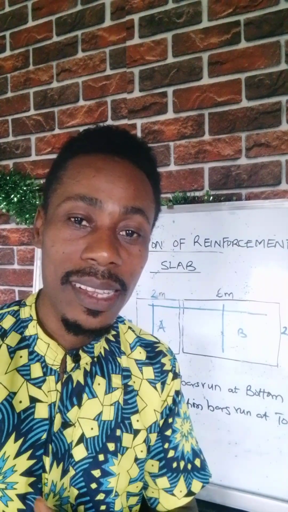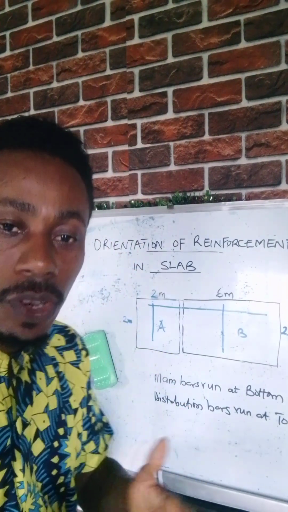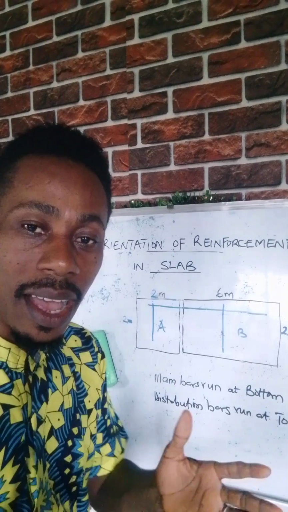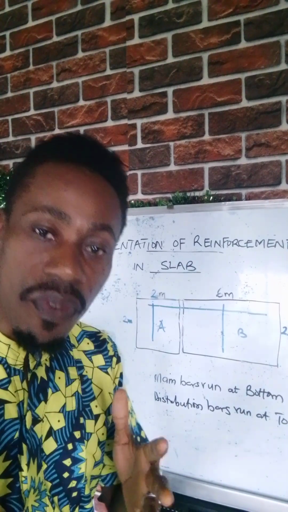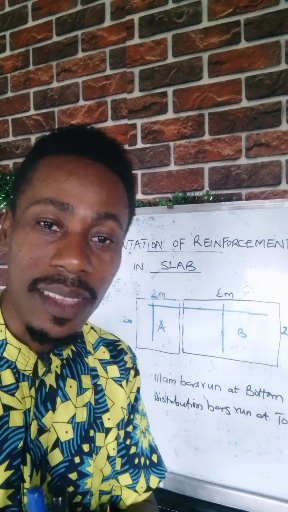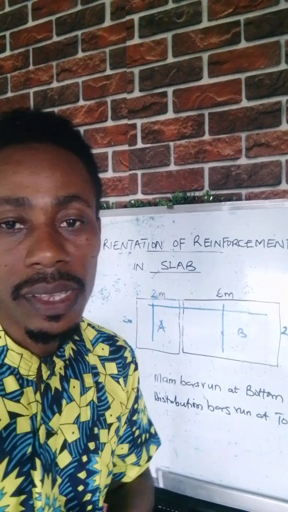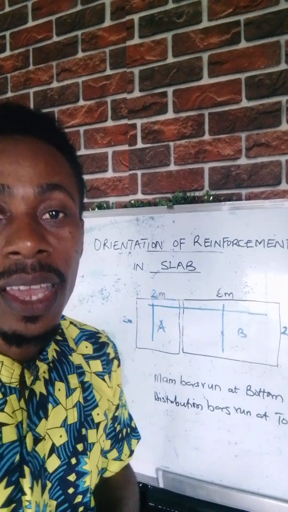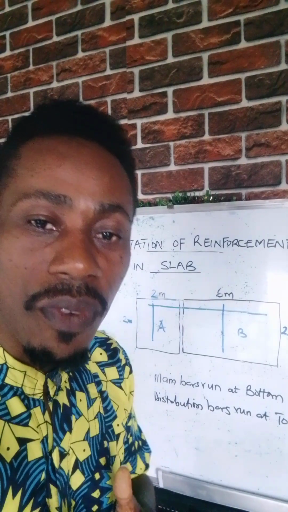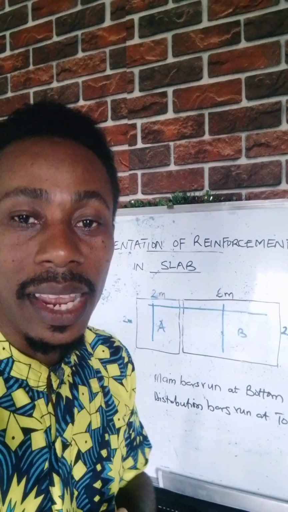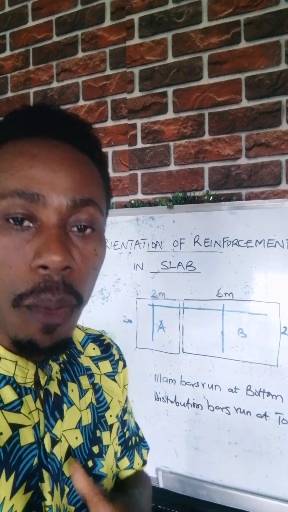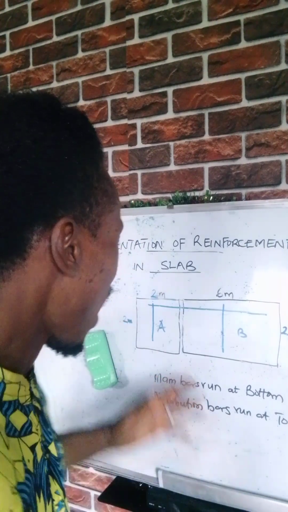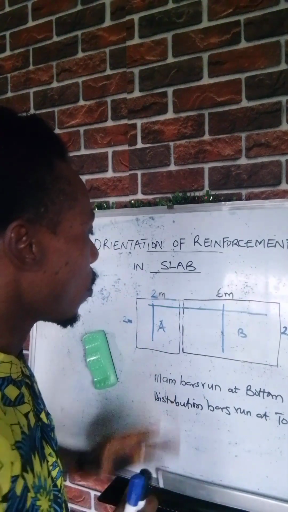As a site engineer, you're expected to look at this reinforcement arrangement, these orientations, before you certify it okay for concrete operation, so that at the end of the day we can have a functional slab that can perform optimally. So I deem it necessary to bring this to our notice.